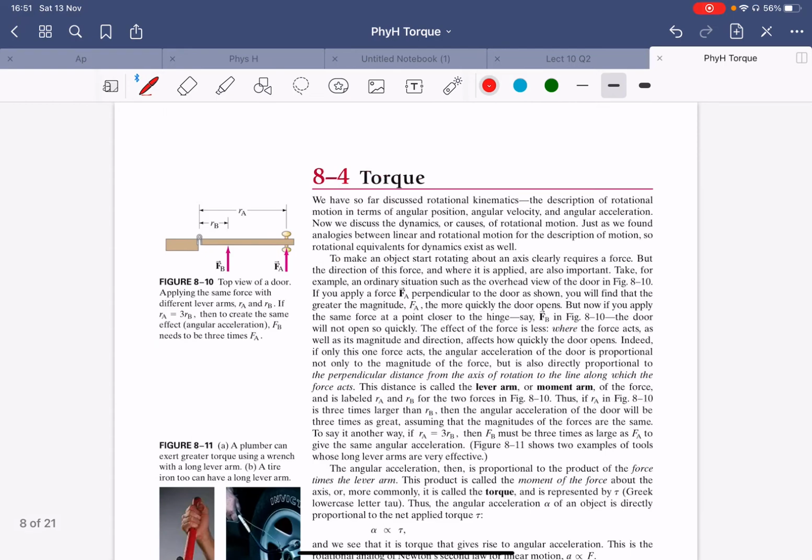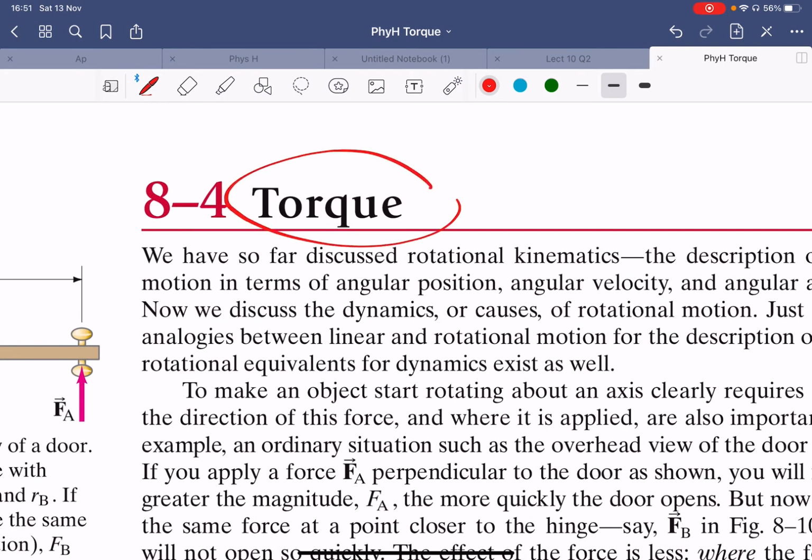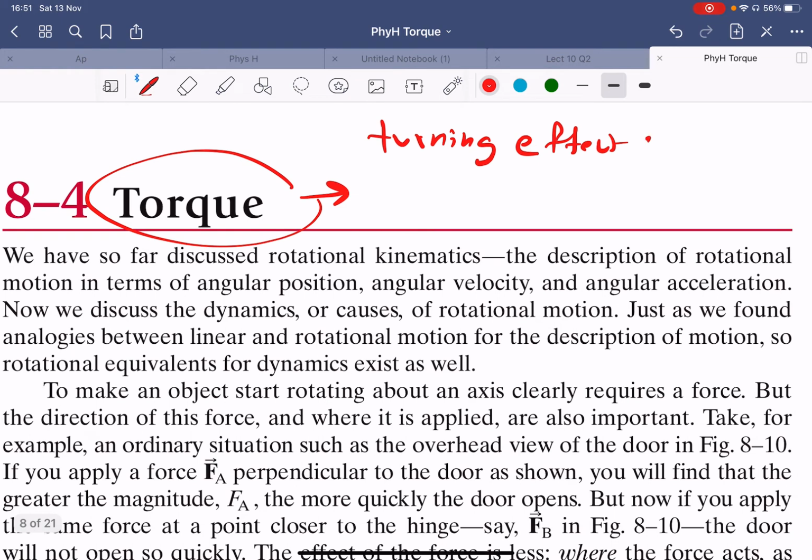All right, let's see the concept of torque. What is torque? Torque is called the turning effect of force. You can also call this a moment, not momentum, just moment.